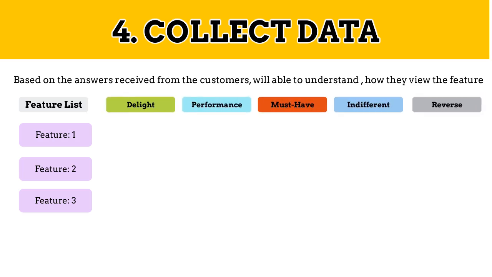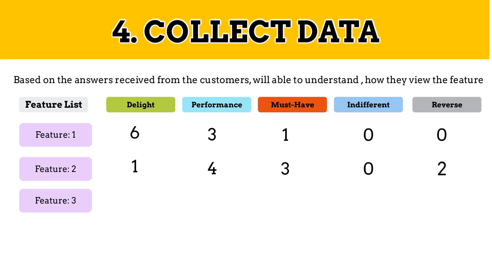So let's say that for feature 1 out of 10, 6 people are saying it is a delight feature, 3 people are saying it is a performance feature, and one customer is saying it is a must-have feature. For feature 2 out of 10, one customer is saying it is a delight feature, 4 are saying it is a performance feature, and 3 are saying it is a must-have feature.